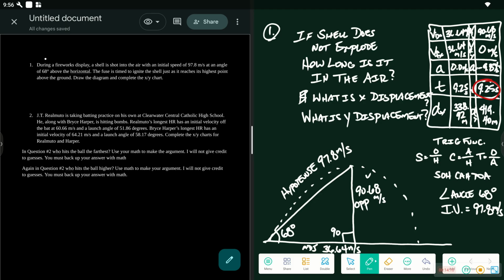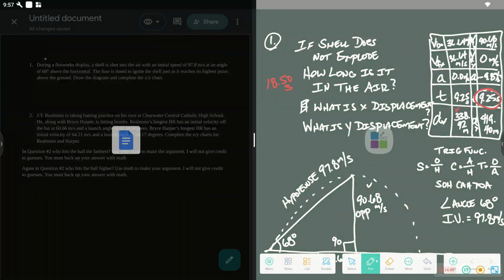If it takes that long to get up to that highest point, for it to come back down to where it started, all you have to do is double it. So in terms of that, this is going to be 18.50 seconds. Its X displacement is, well, if it traveled this far in 9.25 seconds, you're just going to be doubling this number, 338.92 times 2.